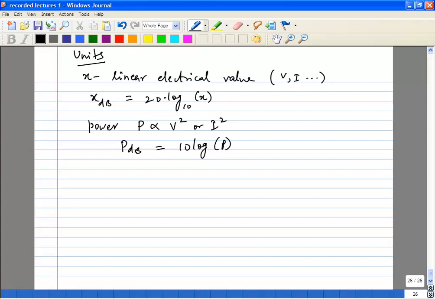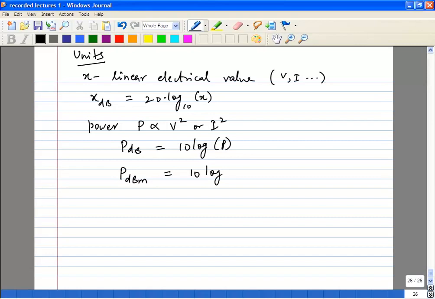Now one other very important quantity which you will see is dBm, and that is, so if you look at the decibels, dBs, it's usually a relative quantity, whereas dBm is an absolute quantity.